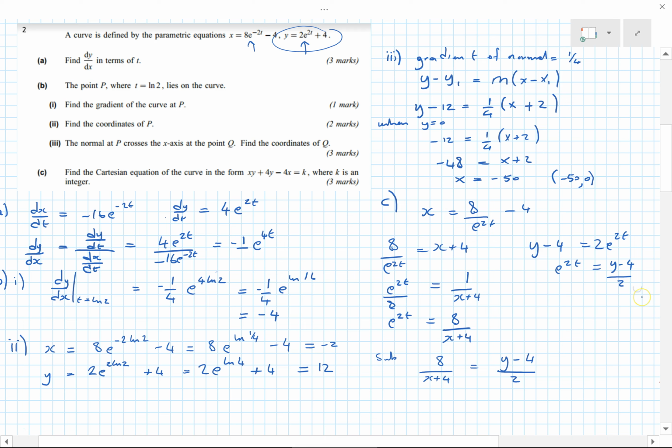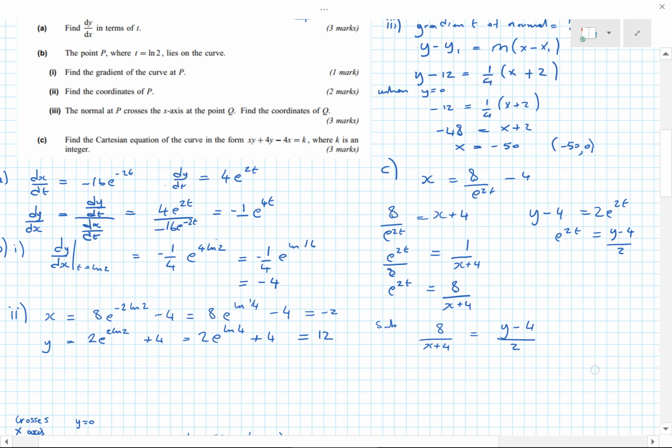Okay. That then we just need to multiply out, but be careful, a few people made mistakes here. That gives me 16 is equal to x plus 4, y minus 4, and we know where we're heading here, okay?